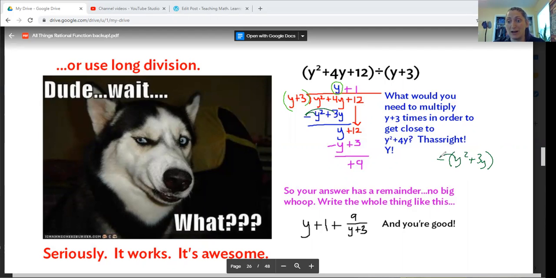It becomes negative y squared and it becomes negative 3y, all right? That's how I like to think about it. There are other people who might like to say, oh yeah, I know that I'm subtracting 4y minus 3y. I know that I'm minus positive 3y. Just be careful, okay? If you can think like that, go ahead. I like to say, change the signs and combine.